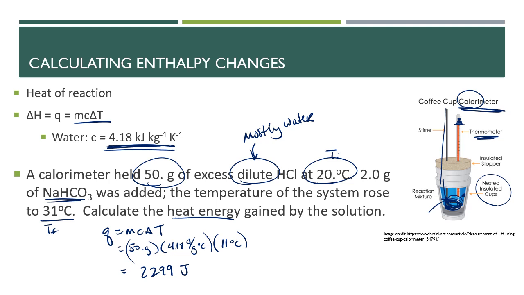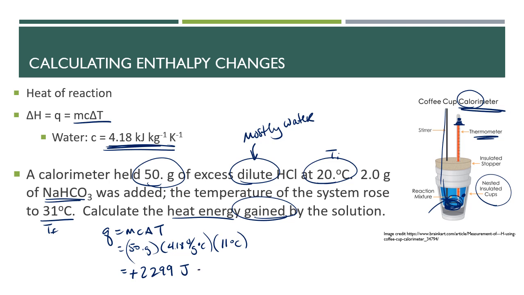I could also say that that energy was released by the reaction, but absorbed by the hydrochloric acid solution. So kind of a weird thing, and this is where we go back to that law of conservation of energy. So this energy that was gained by the acid solution was actually released by the reaction. So it's both endothermic and exothermic at the same time.